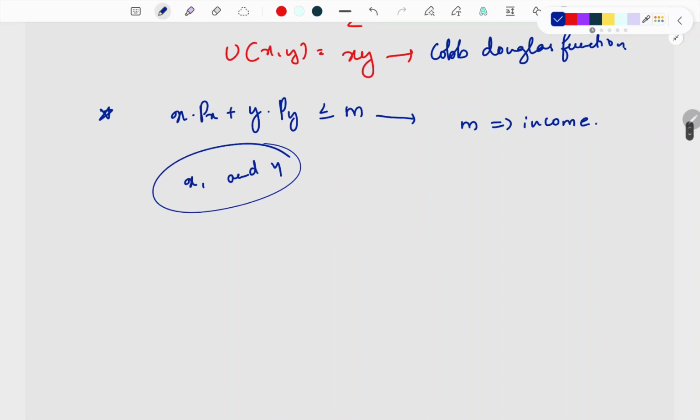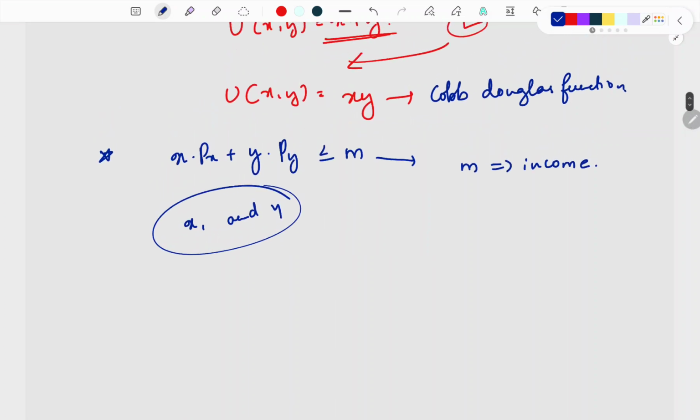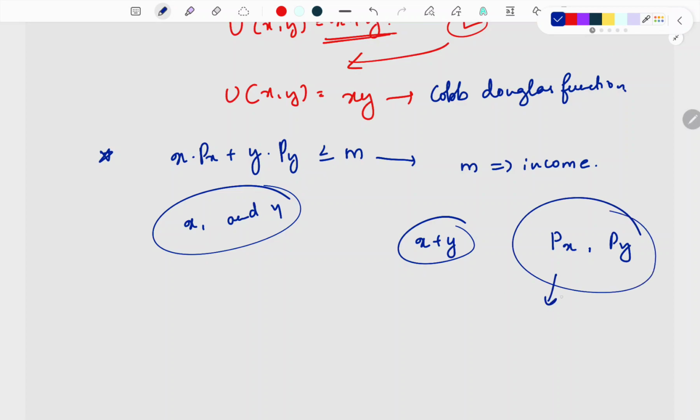and afterwards we'll find out what x and y are. It will change depending upon the utility function. Let's say there is a utility function with utility as x plus y, and the price of x and the price of y will have a pretty good impact. If the price of x is 2 and the price of y is 3, you will obviously get more quantity of x.